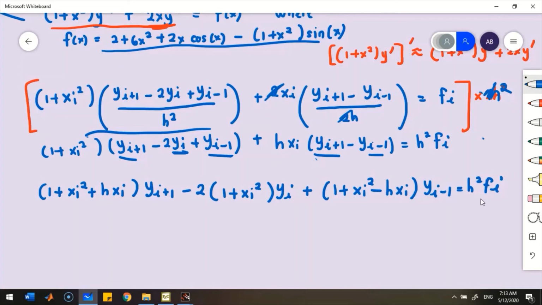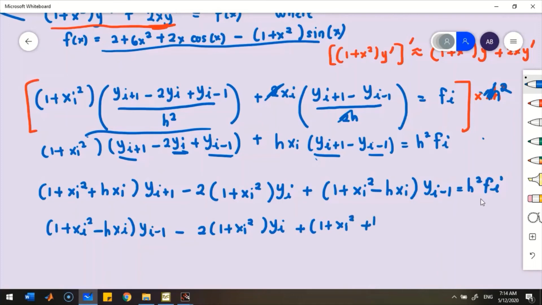Okay, let's just write it again. So what we have here: the term involving yi minus 1 is 1 plus xi squared minus h xi, then minus 2 times 1 plus xi squared times yi, plus 1 plus xi squared plus h xi times yi plus 1, equals h squared fi.